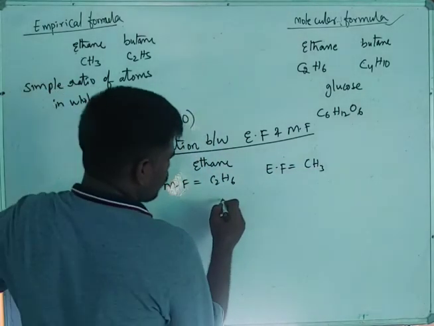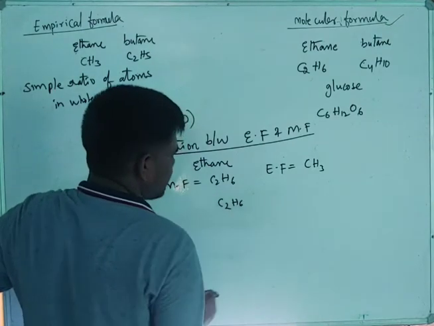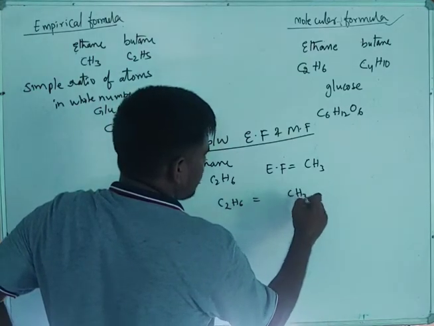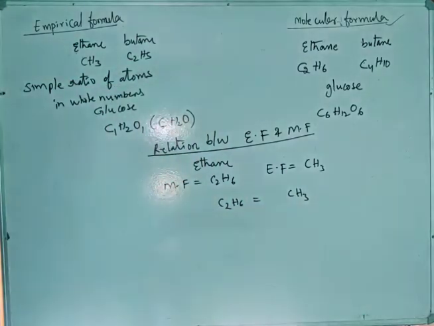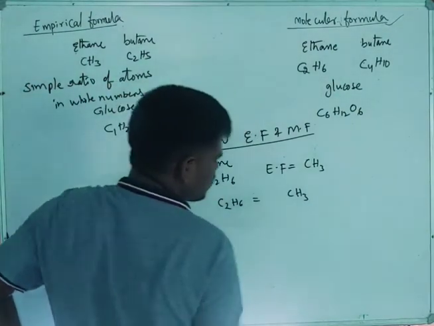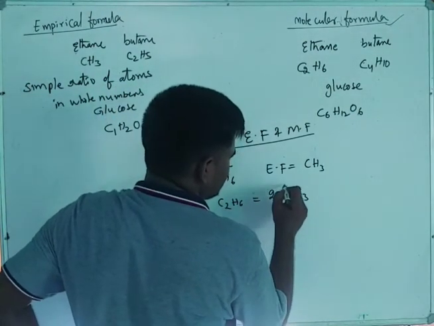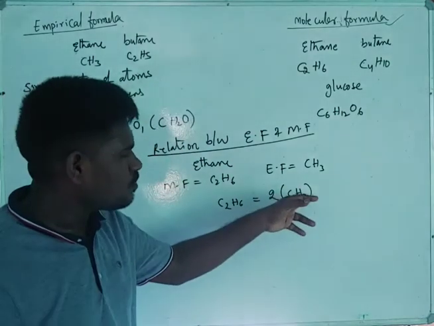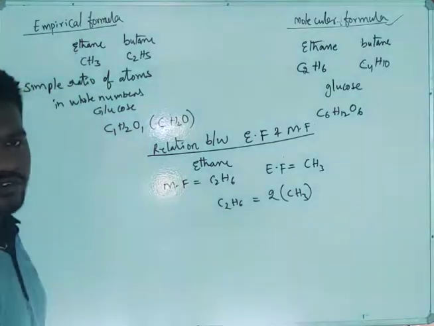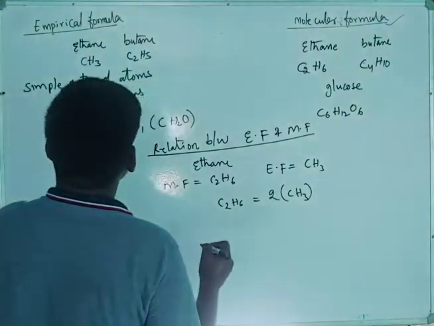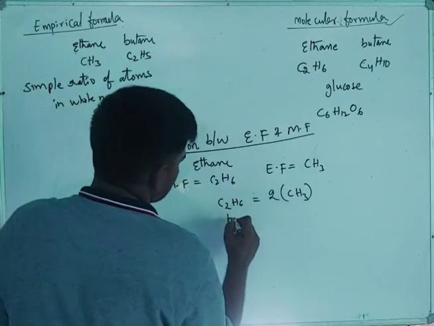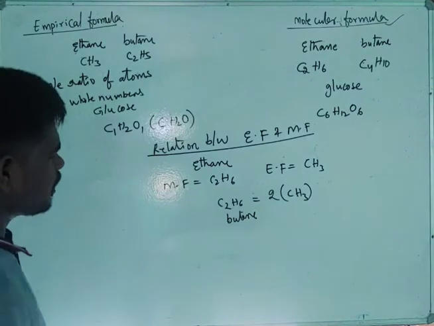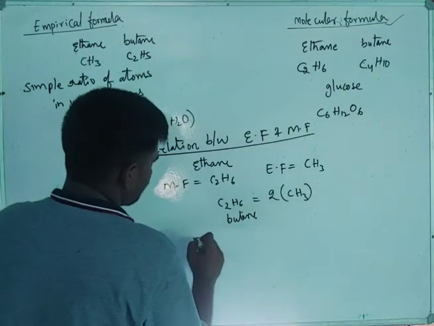Now this molecular formula of ethane C2H6 is equal to the empirical formula of ethane CH3 when you multiply this CH3 with 2. 2 into C, 2 carbons. 2 into 3 hydrogens will be 6 hydrogens. And the next let me take butane also. In this butane, what is the molecular formula?